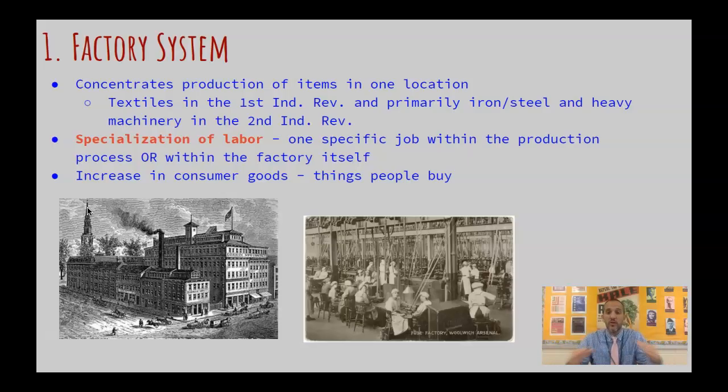We also see an increase in this factory system, within Europe and industrialized countries, of what are called consumer goods, which is a fancy way of saying stuff that people buy. Instead of just having two or three outfits for yourself, now, because the factory is pumping out so many more shirts at a fast rate, you are able to buy more because the price is down.